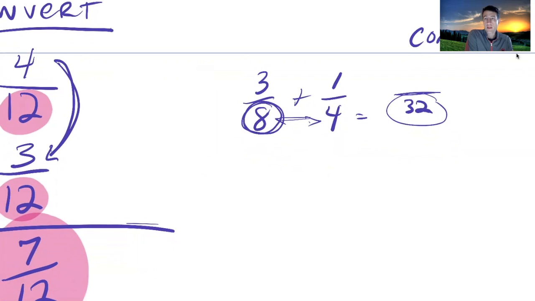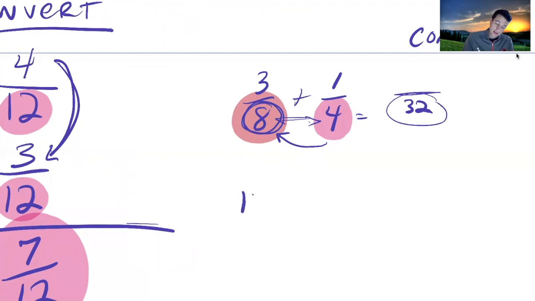All right, and that leads us to our second strategy. And I think some of you will remember this. If one of your denominators can be divided evenly into the other, well, guess what? Then that means this is your lowest common denominator. That's a shortcut that we talked about at school.